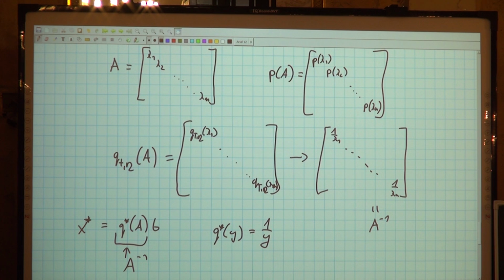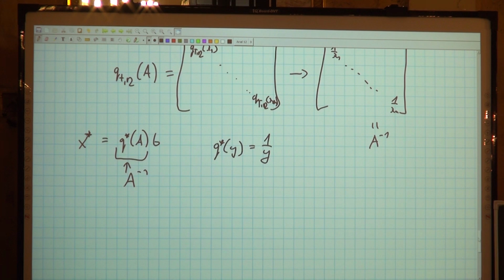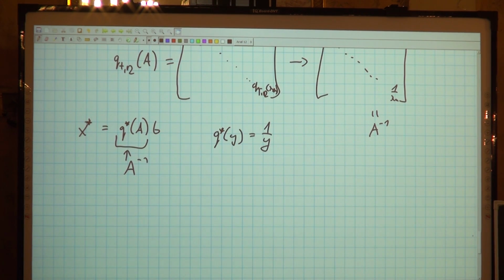This gives us a condition on what we want from the polynomial q_t,eta of y. We care only about the behavior of this algorithm on the eigenvalues. So for every eigenvalue lambda i, I would like q_t,eta of lambda i to be approximately equal to 1 over lambda i.